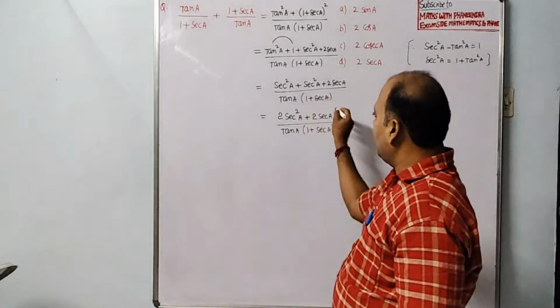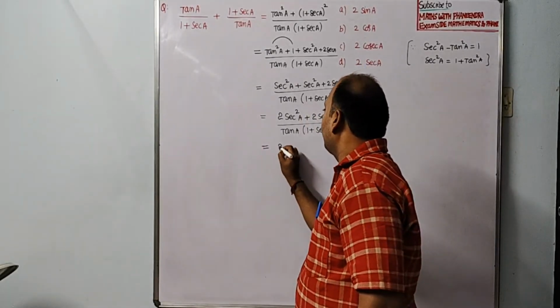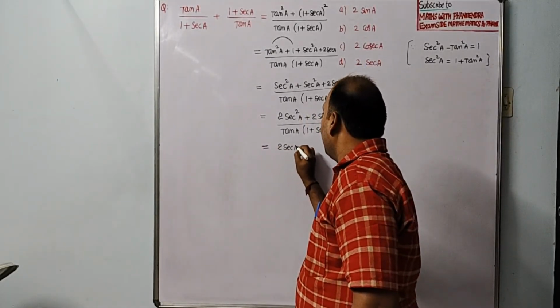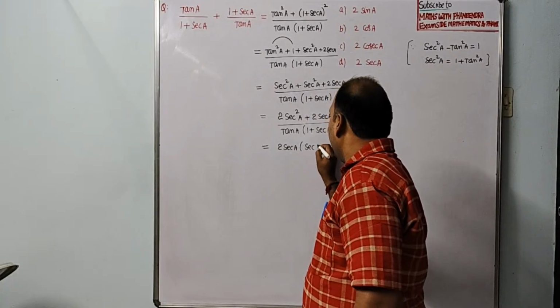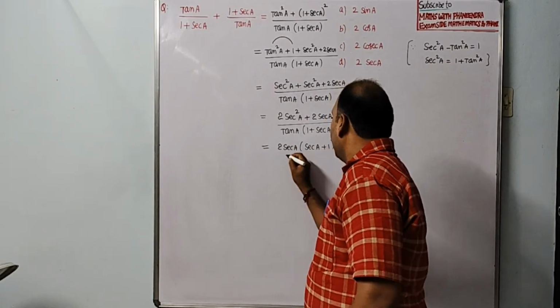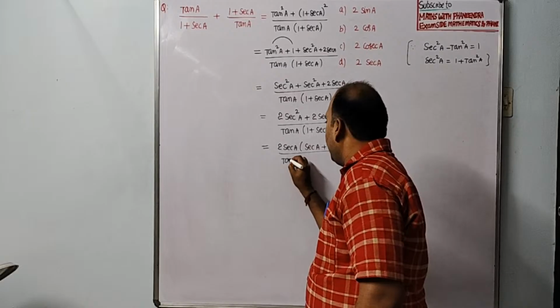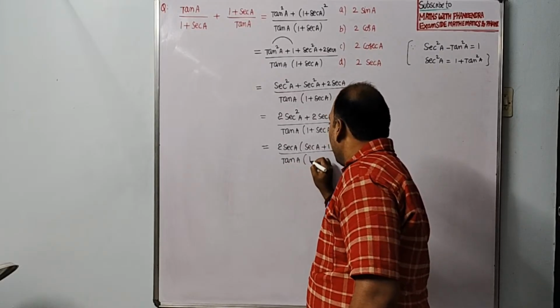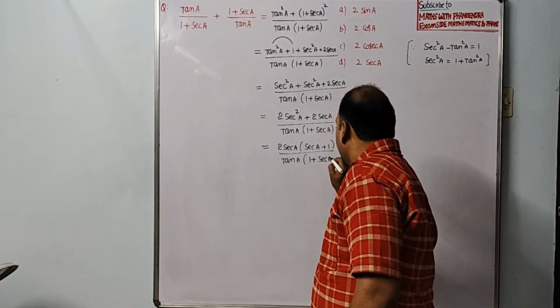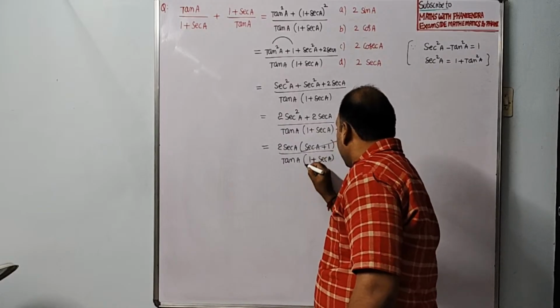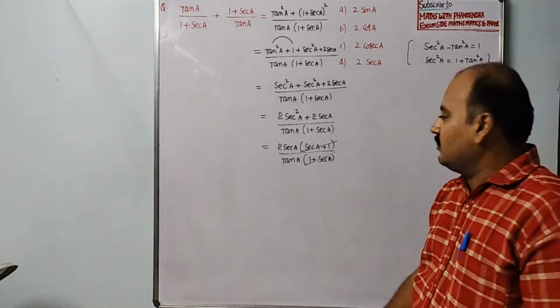So 2 secant A take common. 2 secant A, if you take out common, secant A plus 1 divided by tan A into 1 plus secant A. 1 plus secant A, 1 plus secant A get cancelled.